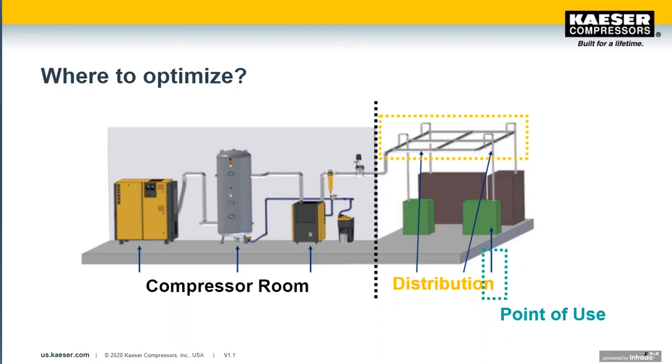Where to optimize? There are basically just three main areas. Inside the compressor room, covering all the equipment like compressors, piping, tanks, dryers, filters, drains, heating and ventilation, all the way to the point where distribution takes over, like the main piping.